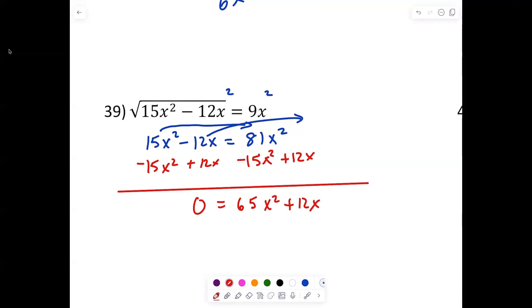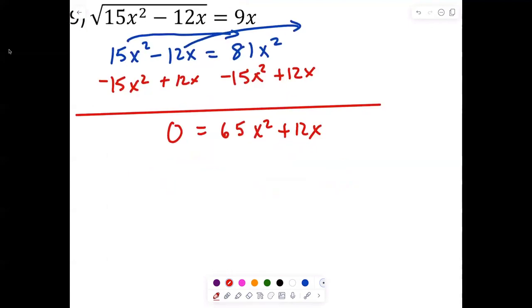Is that correct? 81 minus 15 is what? Is that 65? No, it's 66. I am crazy. All right, is that okay? 66x squared plus 12x.